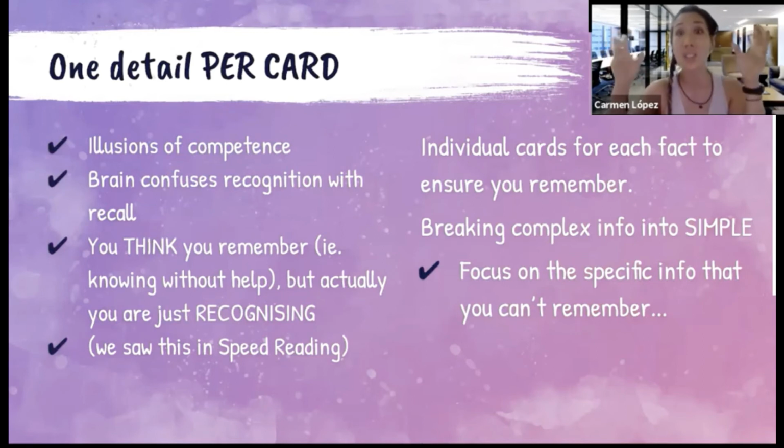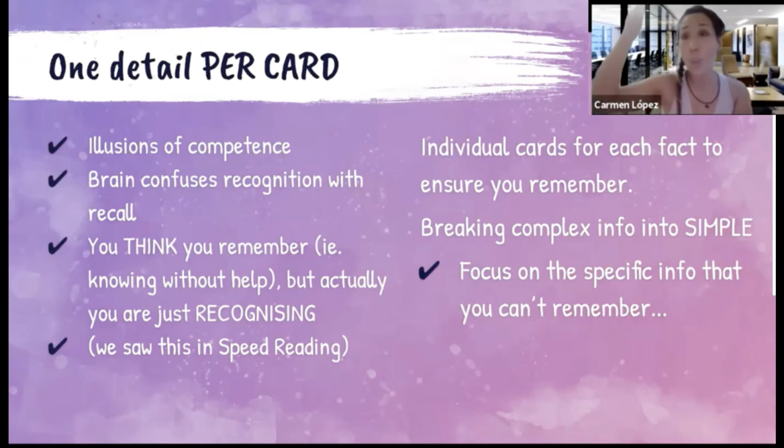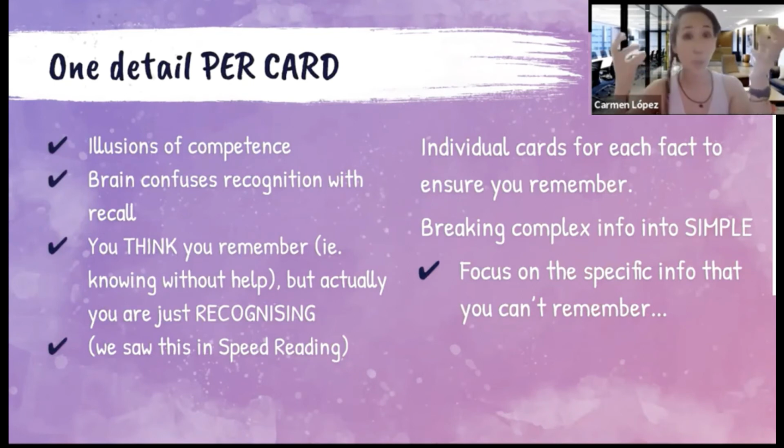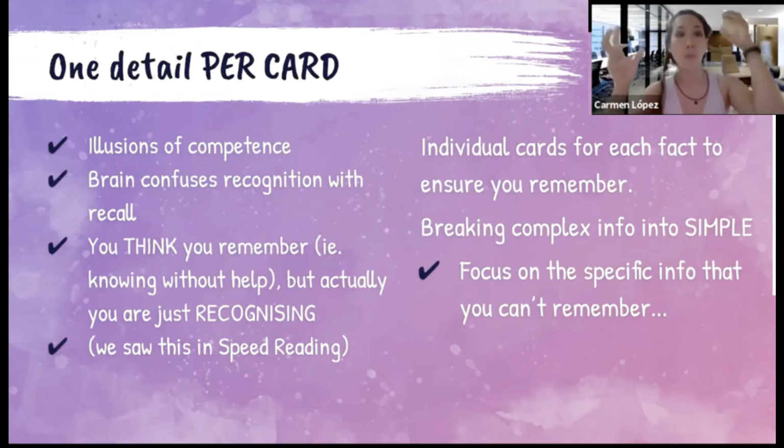Okay, and this is the reason, like we discussed in the speed reading class, why you can read a whole paragraph of information and not understand anything. Yeah, because you're recognizing the words, but you don't actually know those words themselves, or you don't understand how these words combine together. Okay, so basically your brain confuses recognition with remembering.